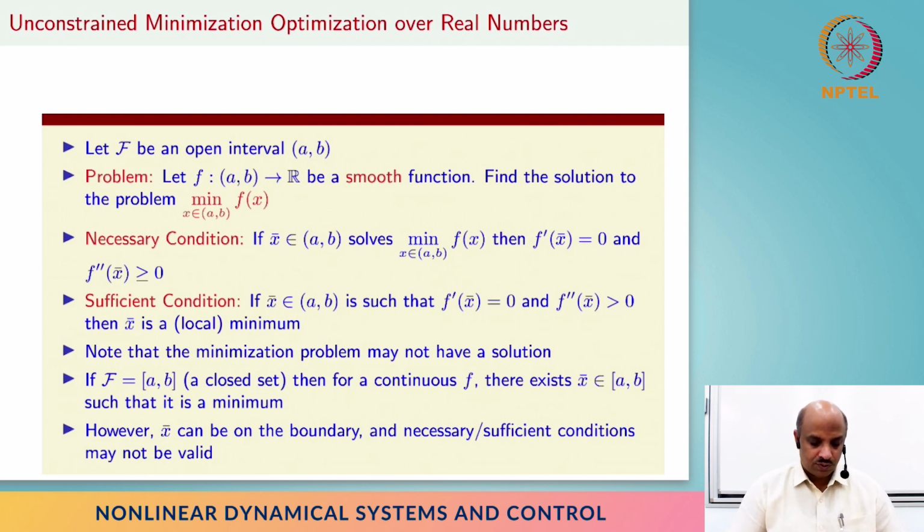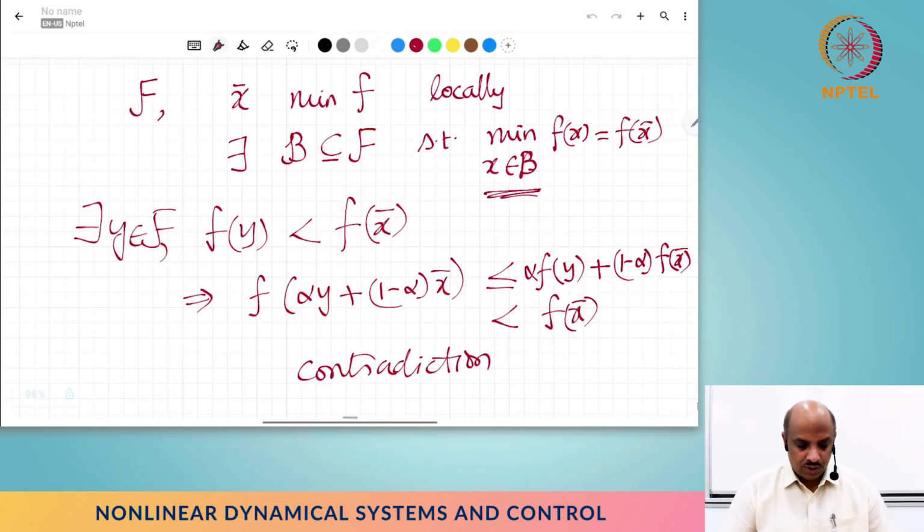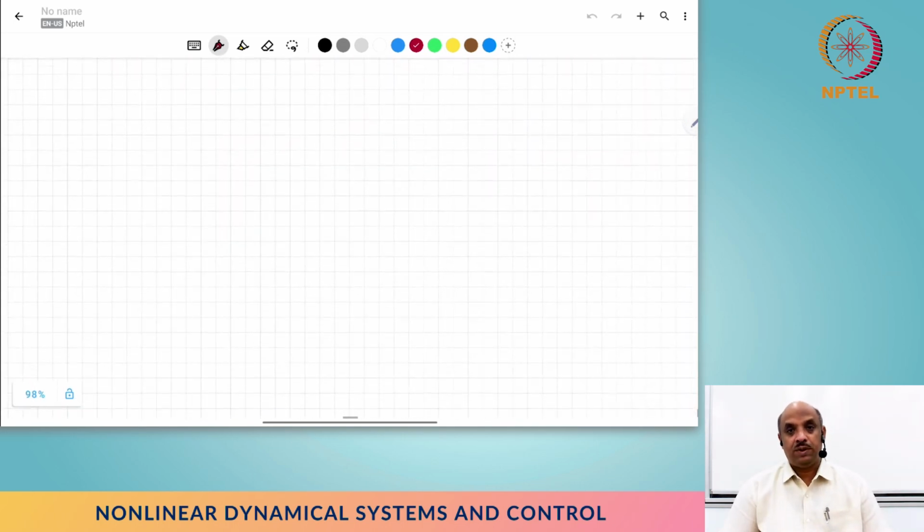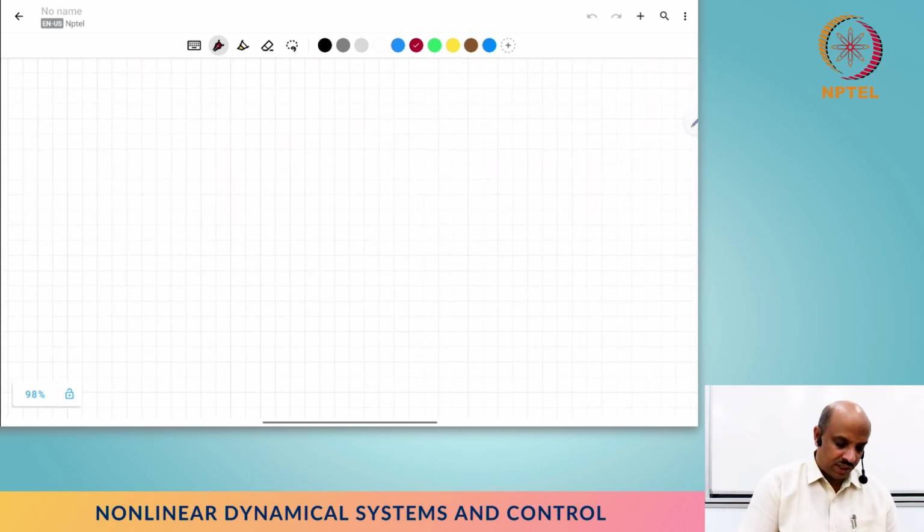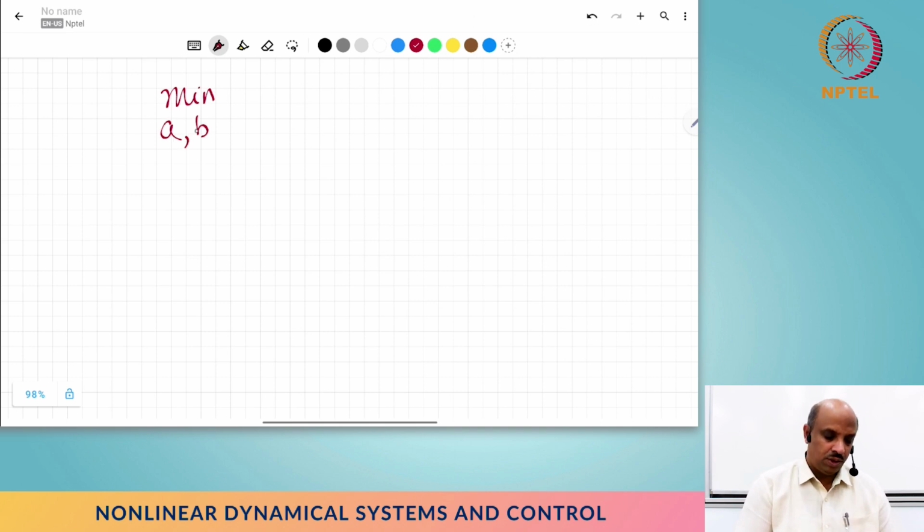understand this one better by actually proving. So first things first, the problem of minimizing this f of x may not have a solution.